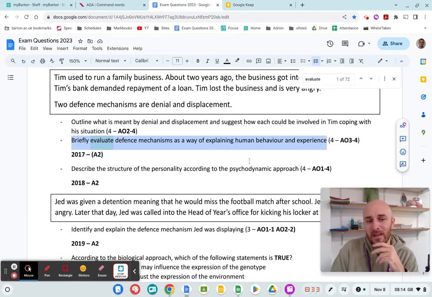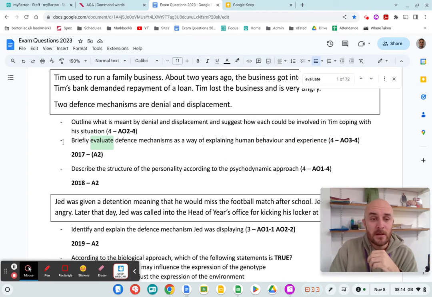For that question there, I would put 2 evaluations, but not PEELs. 2 evaluations, a little bit of evidence, maybe a tiny sprinkling of elaboration, but you're not writing full structured PEELs here. The reason why I would write 2 PEELs is because it does actually ask you to briefly evaluate. And for 4 marks, I think you're probably looking at 2 marks per evaluation.